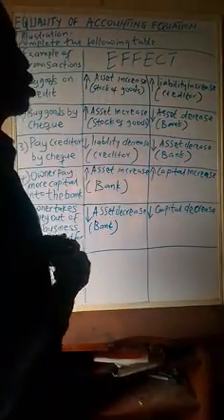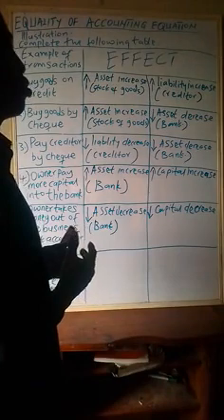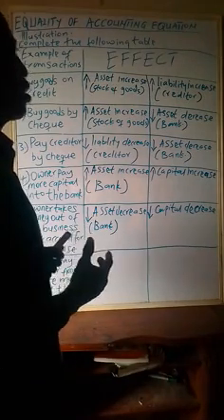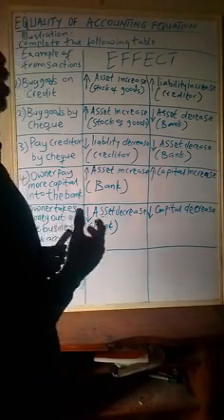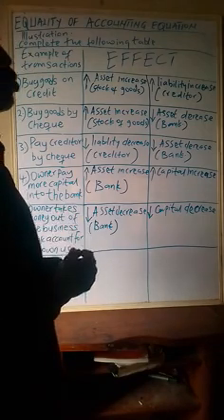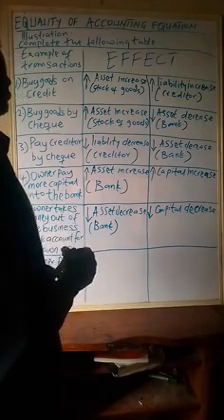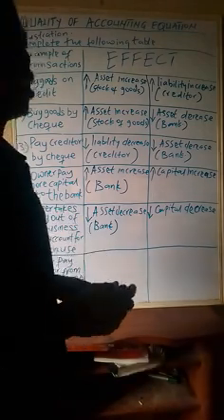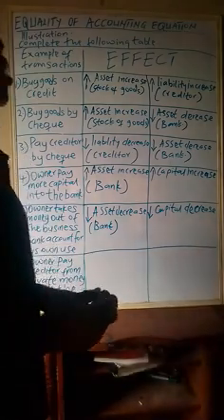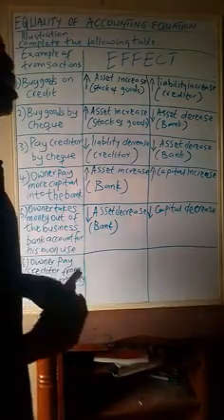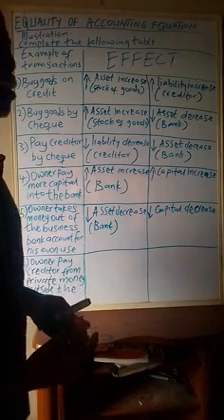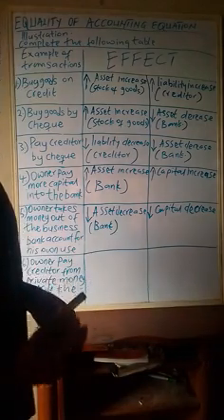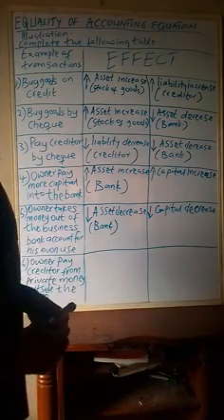Why? It's because the business stands on its own. It is called the legal entity concept, that is, the business itself is an entity that can stand on its own. It has a legal existence.